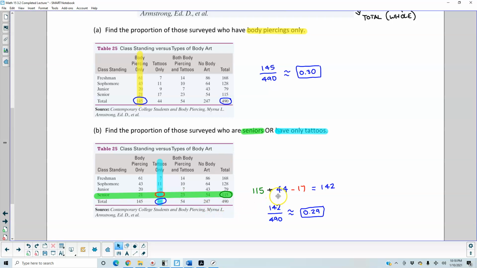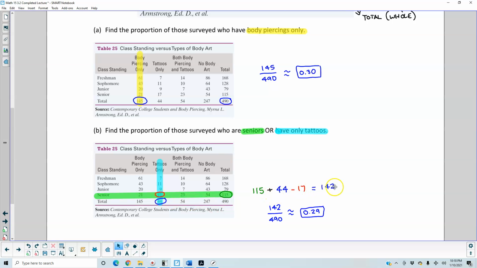Okay, likewise, we're going to have to add the column that represents have only tattoos. So we're going to scroll down here and look that we have 44 students that have only tattoos. But again, you're including that 17 when you add those together. So what that means is we have to subtract at least one of those 17s so it's not repeated twice.